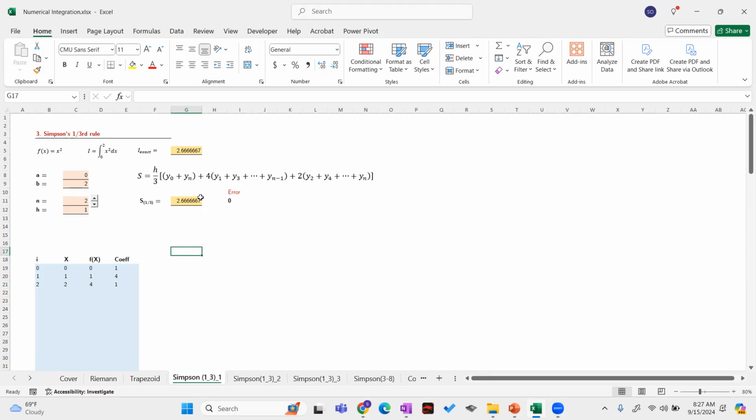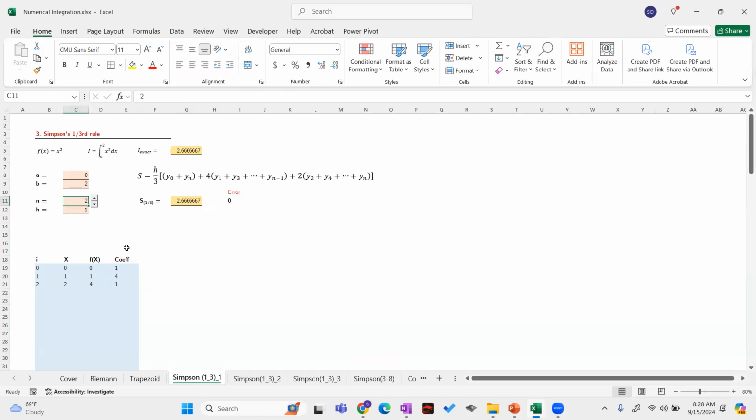Now, one more thing, can I take n equal to 3? Question to you, under Simpson's one-third rule, can I choose n equal to 3? No, because the requirement is n must be even. So 2 is fine.